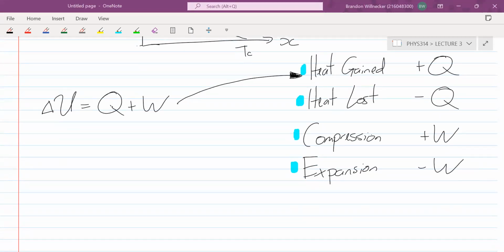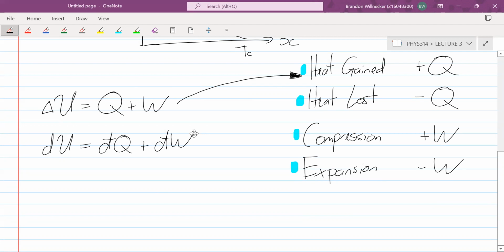Okay, one last thing. If we go back to that differential form that we had, remember that was dU is equal to đQ plus đW. Okay, remember the bar, that's for the process functions that might depend on the path.